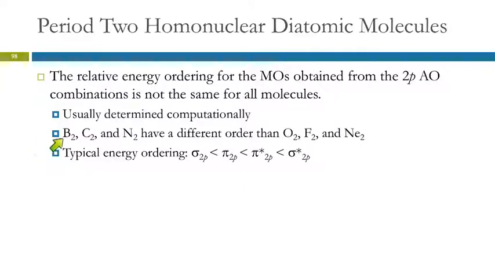It turns out that B2, C2, and N2, those next three elements, have a different order than oxygen, fluorine, and neon diatomic molecules. So the typical order is that the sigma is the lowest and the sigma star is the highest. Pi is in the middle and pi star is above that.